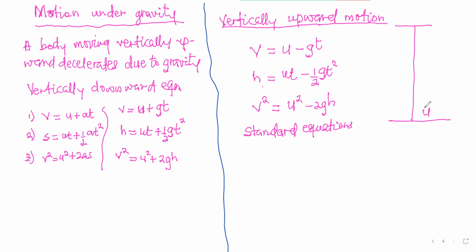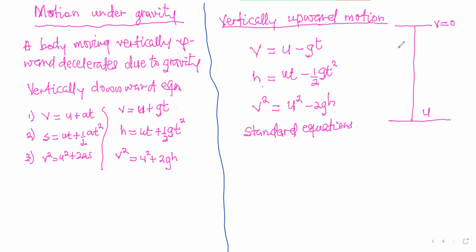As the object goes up, it decelerates, meaning the speed will decrease. If it gets to a point where the final velocity is reduced to 0, the object cannot go again. And so the object is said to have reached its maximum height.